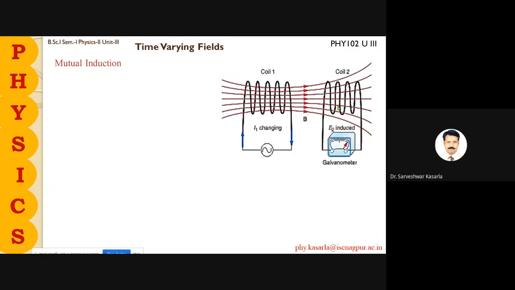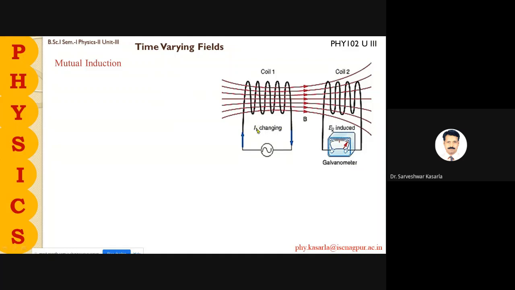This is coil 2, which is near coil 1, so these magnetic lines of force are also passing through coil 2. There is a source of EMF here to produce the change of current, but there is no source of EMF in coil number 2.